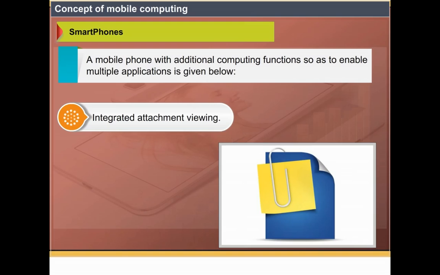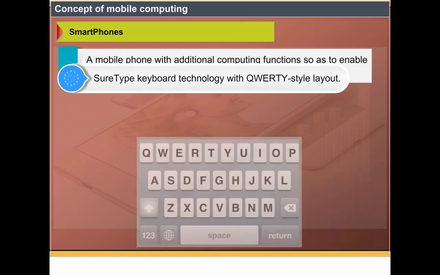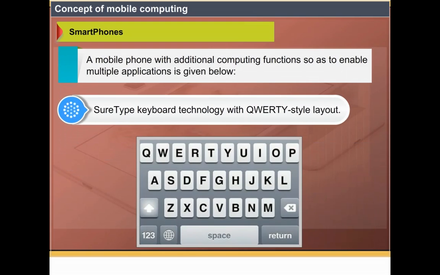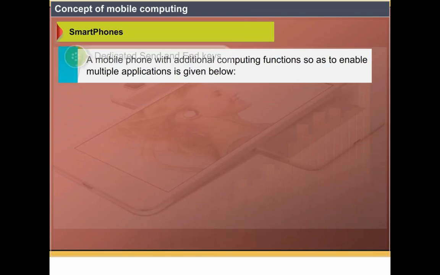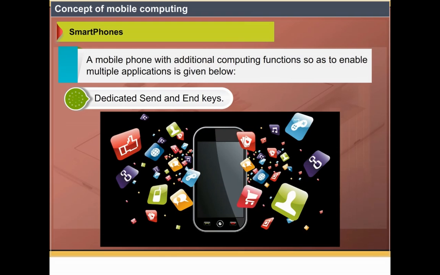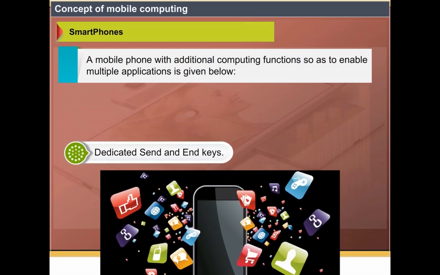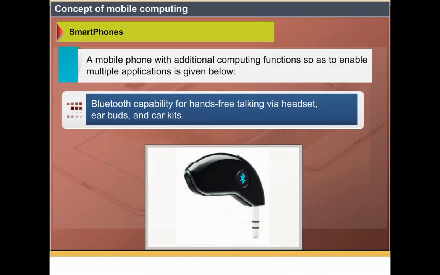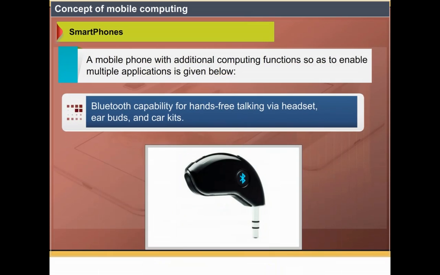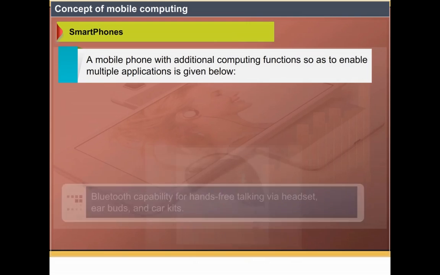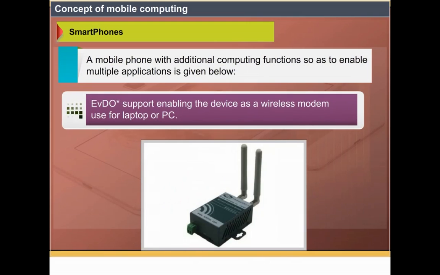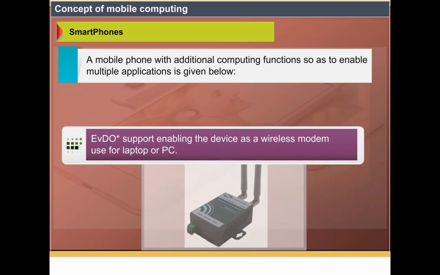Integrated attachment viewing. SureType keyboard technology with QWERTY style layout, dedicated send and end keys. Bluetooth capability for hands-free talking via headset, earbuds and car kits. EVDO support enabling the device as a wireless modem used for laptop or PC.